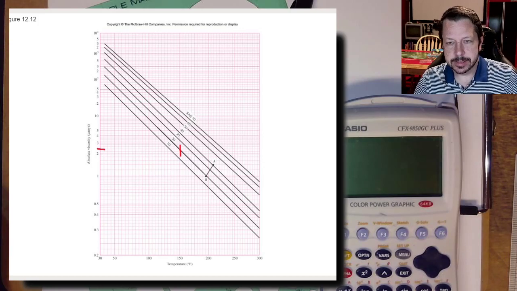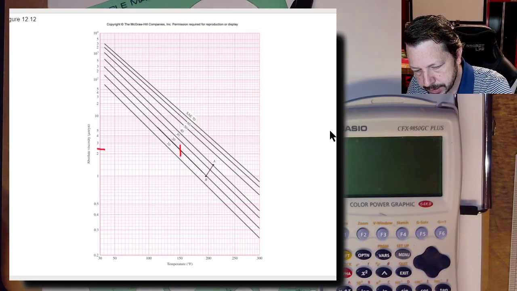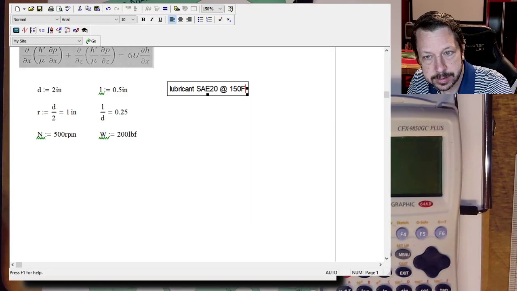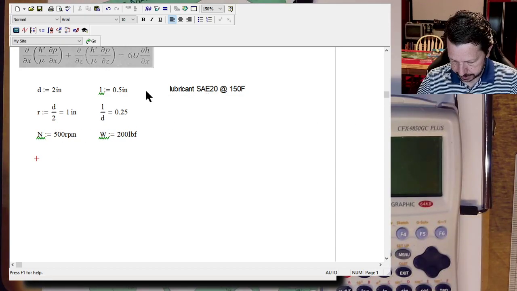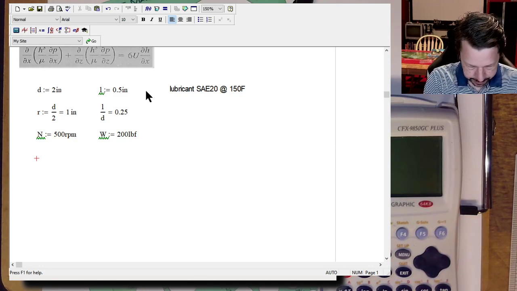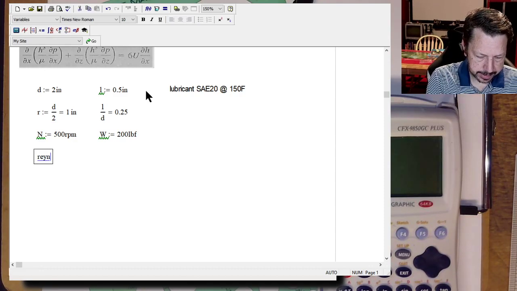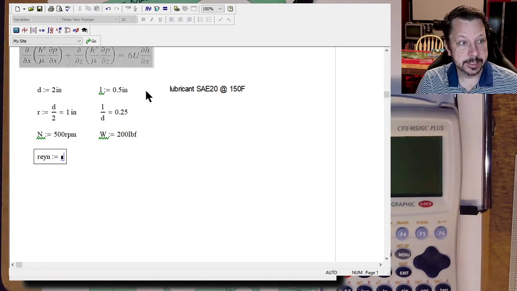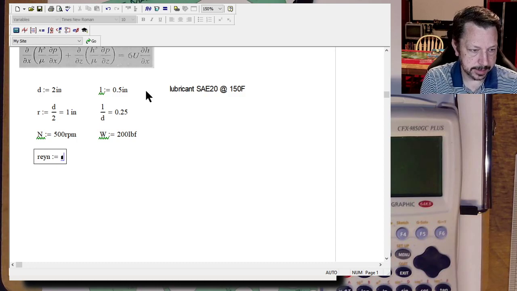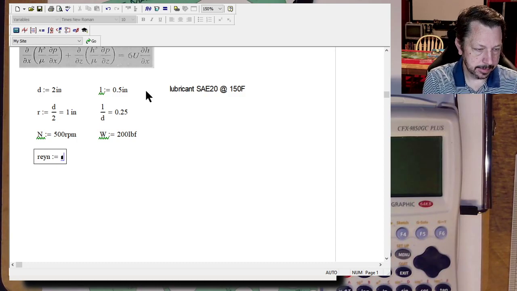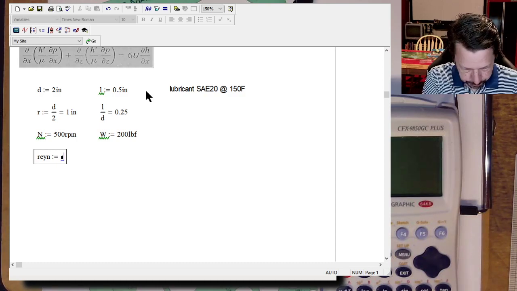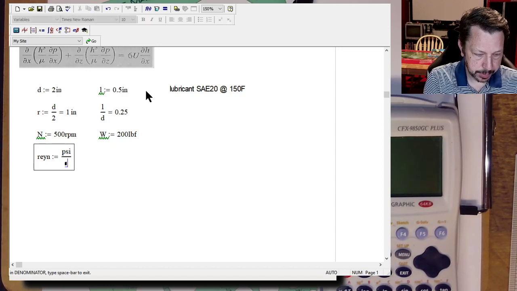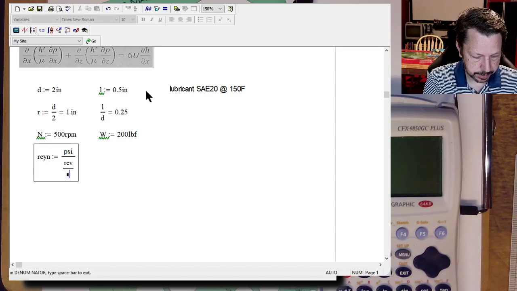Now, Mathcad doesn't know micro Reyn, so I'm going to have to tell it what that means. So let's get Mathcad back up. I'm going to define a Reyn. At least my version of Mathcad uses poise as the units for viscosity, and I don't want those, I want Reyn. A Reyn is a PSI per revolution per second.